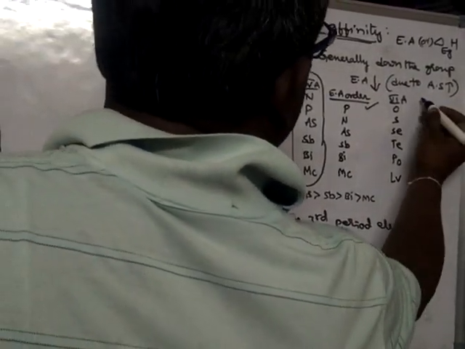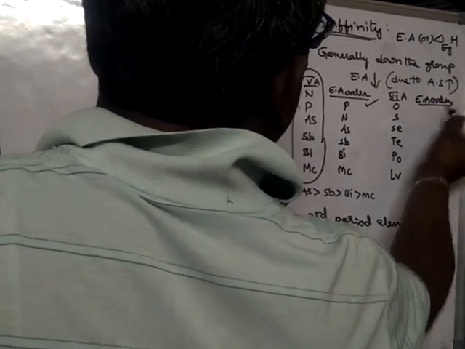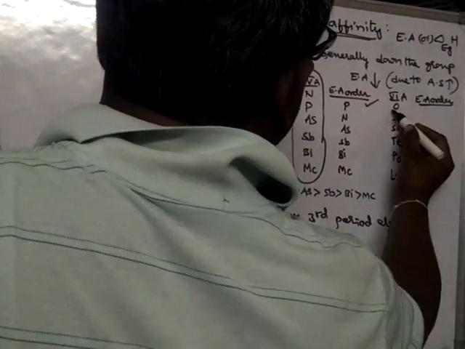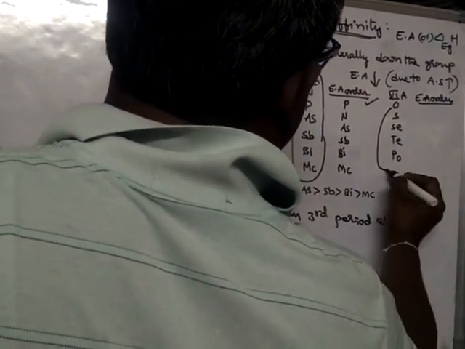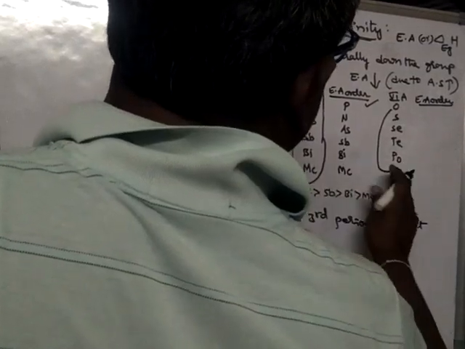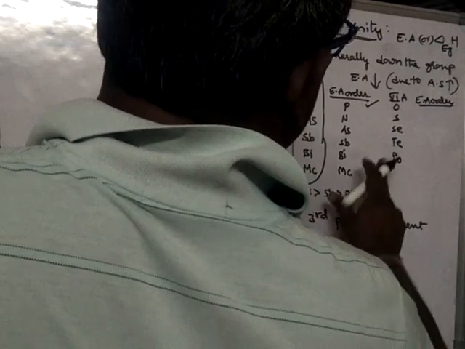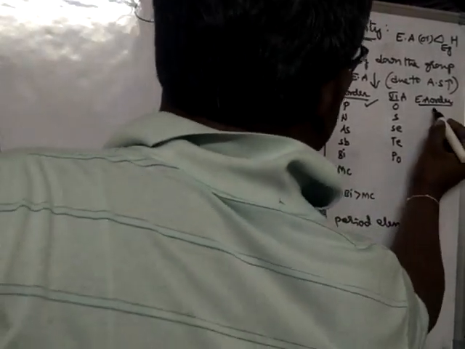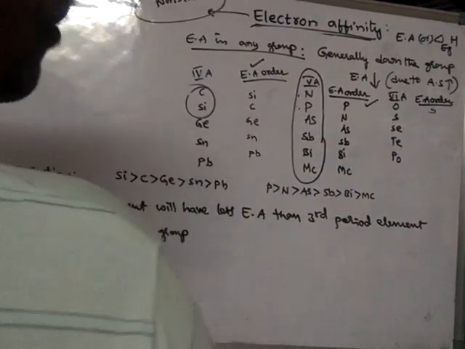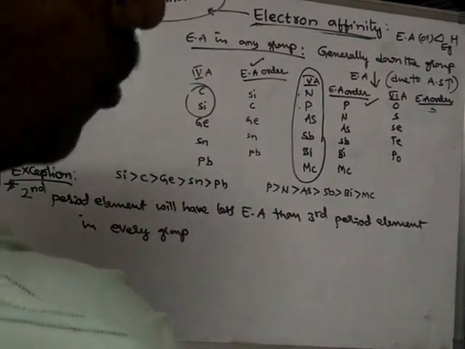But the actual electron affinity order of sixth A group will be like this. Look here, oxygen will possess less electron affinity than polonium. So the rest of the order will remain as it is. As usual, electron affinity of the third period element will be higher in any group.